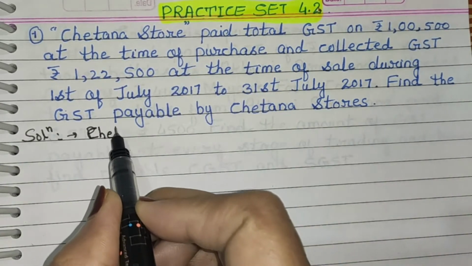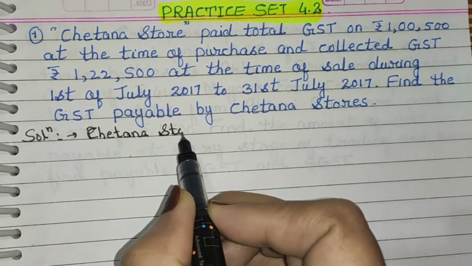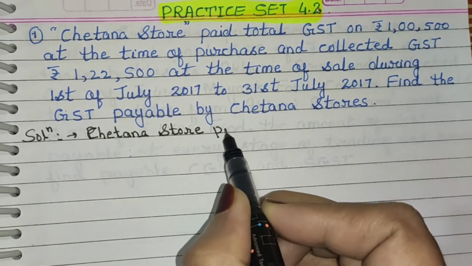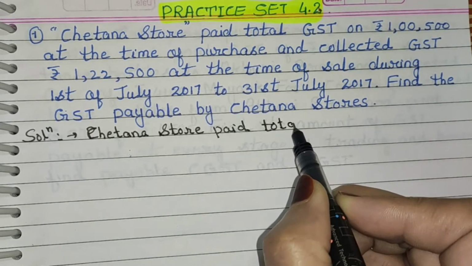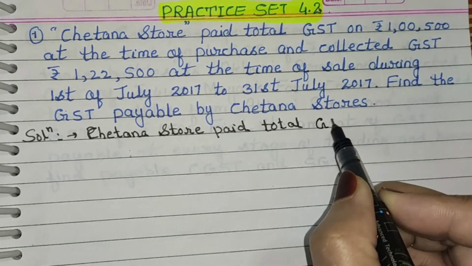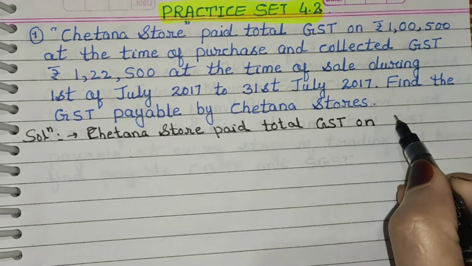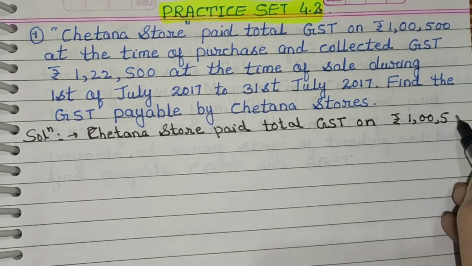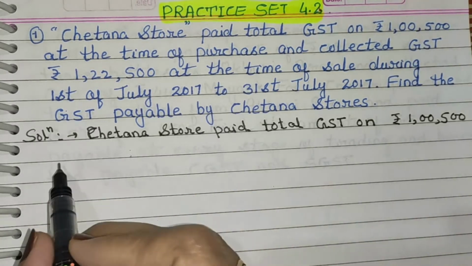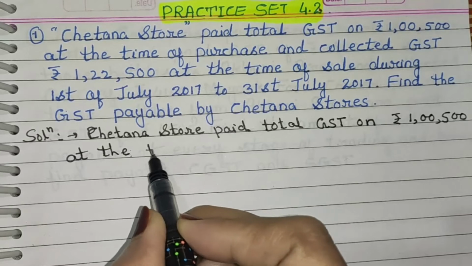Chetna store paid total GST on rupees 1,05,000 at the time of purchase.